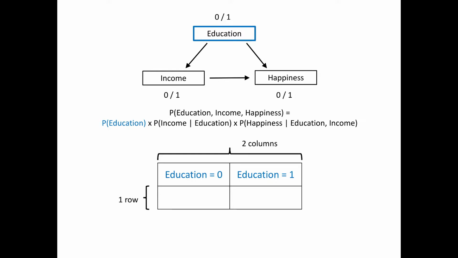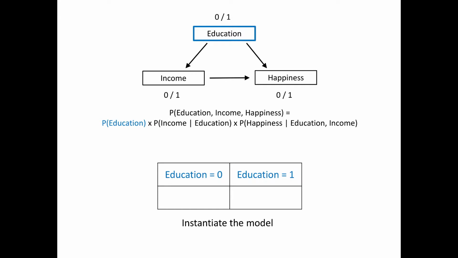Next, we have to assign probabilities to each of the values that education can take. This is known as instantiating our model. As seen in the table, when education is equal to 0, we assign a probability value of p. And given that the sum of the probabilities for all values has to be equal to 1, the probability for education equal to 1 is necessarily 1 minus p.